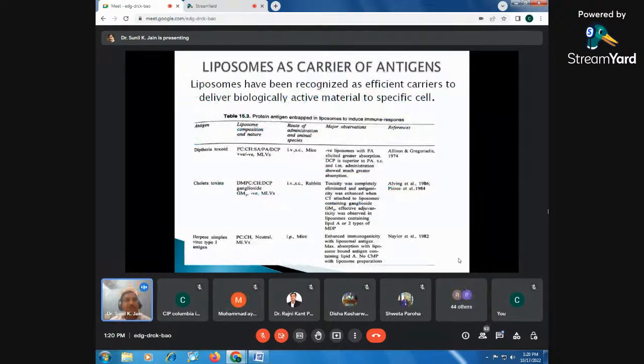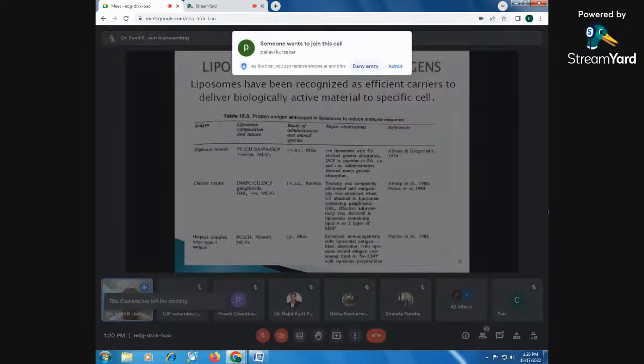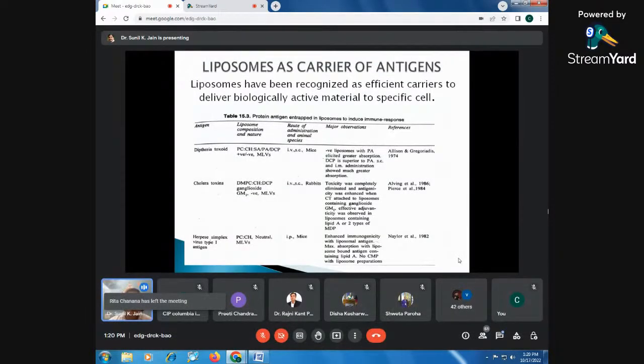We can see liposomes as a carrier of antigens: diphtheria toxoid, cholera toxin, herpes simplex virus type 1 antigen, and so many. It's a very old study actually, and nowadays so many antigens can be delivered via liposomes, and liposomes can be used as an effective carrier for so many antigens.